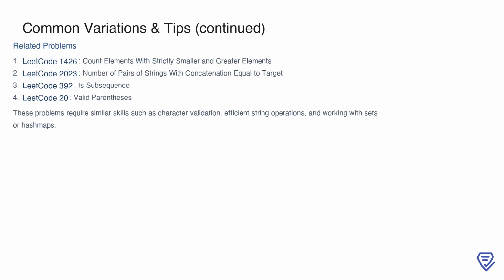LeetCode 392, Is Subsequence, focuses on validating character sequences efficiently, and LeetCode 20, Valid Parentheses, emphasizes working with stacks and validations. These problems share skills such as character validation, efficient string operations, and the use of sets or hash maps, making them excellent practice to reinforce your understanding and problem-solving techniques.